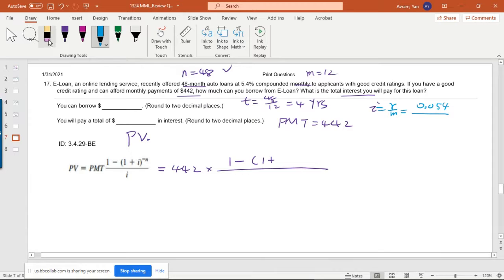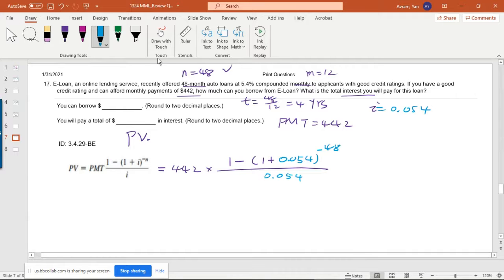So this one is already compound monthly in here, so we're going to have i here as 0.054 in this case. And then this will be negative n. N here is 48.